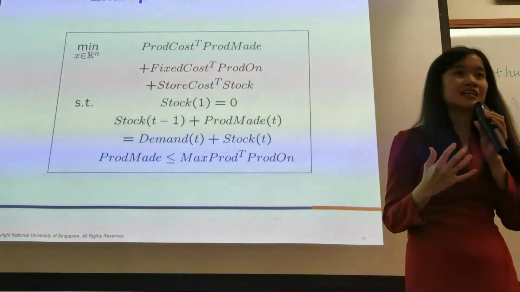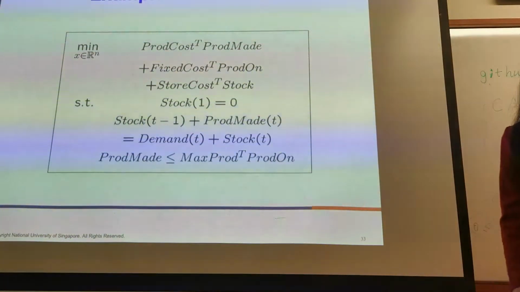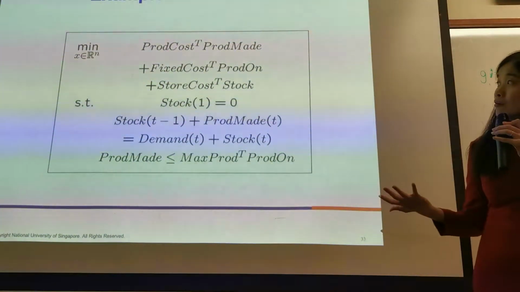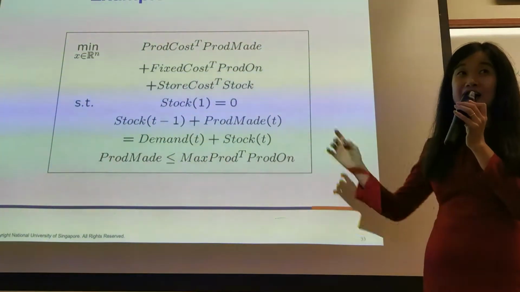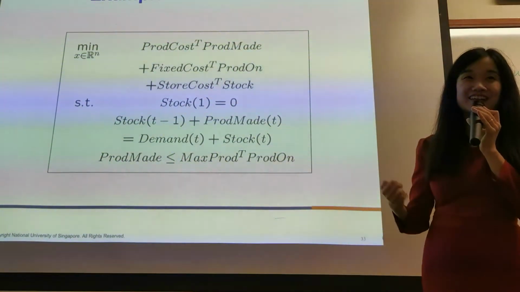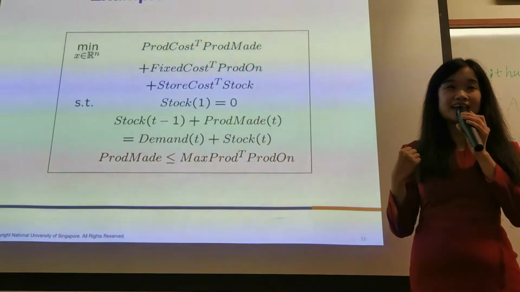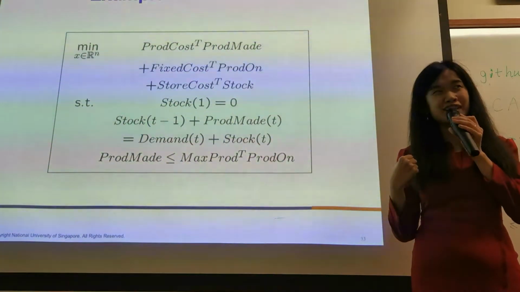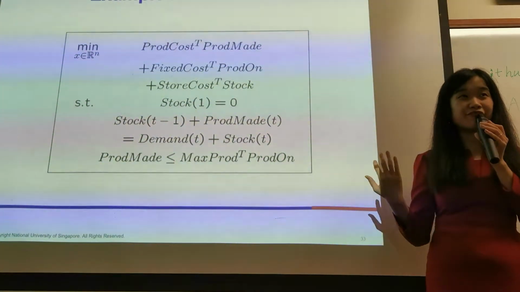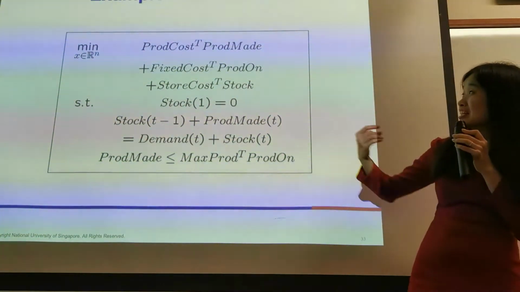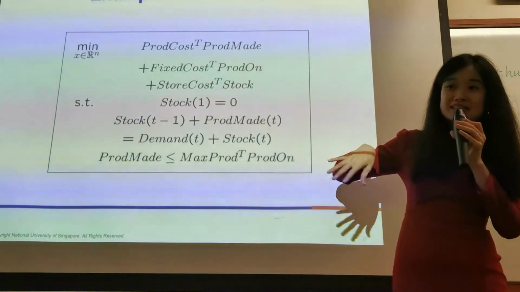If it's production on, I will have this fixed cost. If it's off, this cost is 0. So again, recall the magic constraint we initially had, x minus 15y smaller or equal to 0. That constraint helps a lot to define that if this production is on, I can have this maximum capacity.